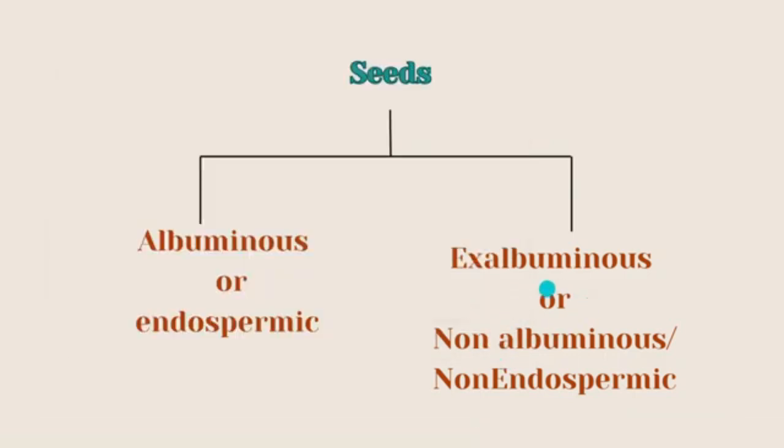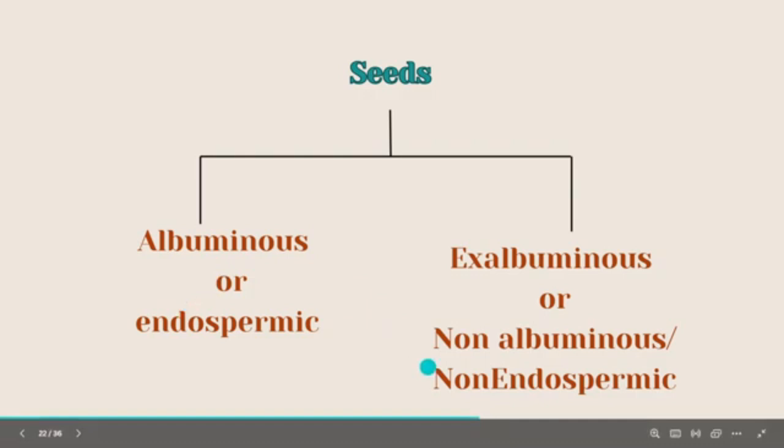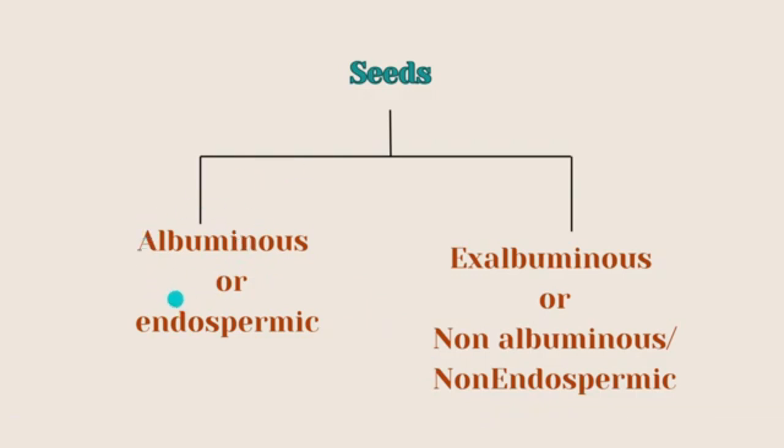In this kind of seeds, that is non-endospermic seeds, the cotyledons store food and it becomes thick and fleshy. Whereas in the albuminous one, the cotyledons remain thin because endosperm is rich in food and here the endosperm is providing food. Mostly the monocot seeds are albuminous due to the presence of persisting endosperm.